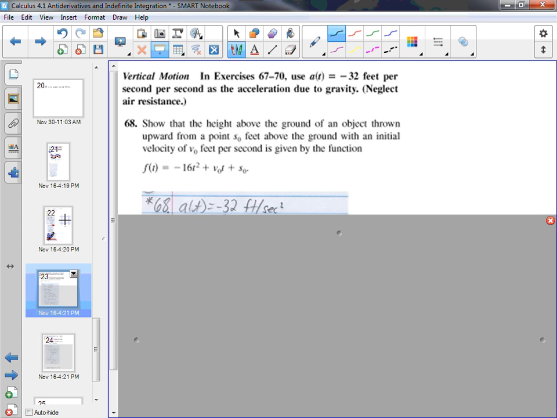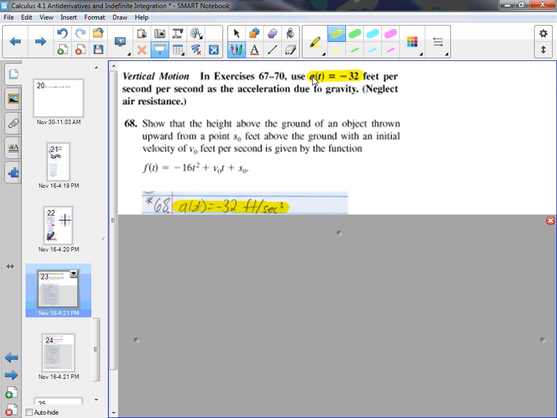We're supposed to start with that. So we're given that the acceleration function with respect to time, so a of t, acceleration is a function of time, is negative 32 feet per second squared. Now, remember how it works?